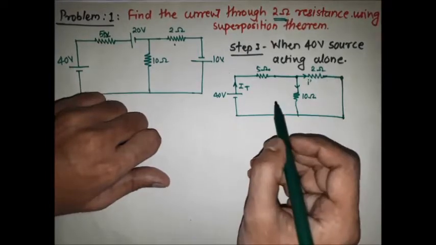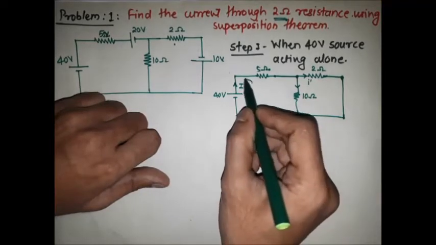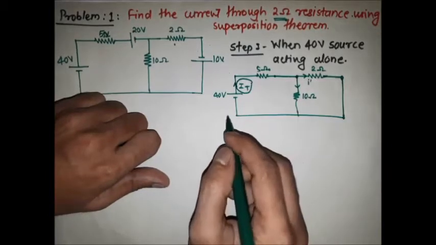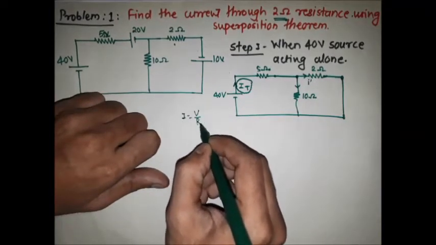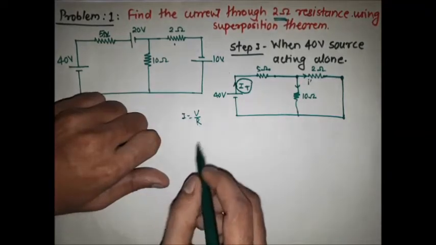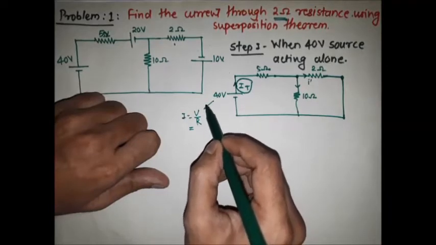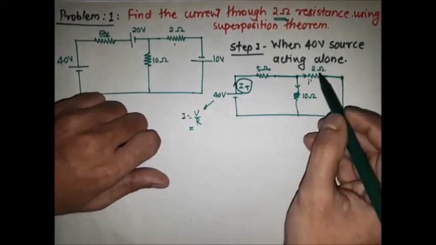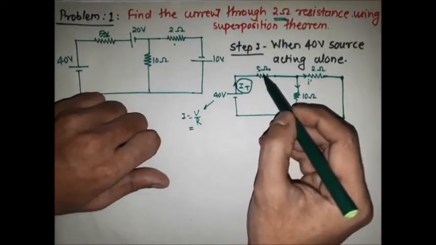For applying the current division rule, we have to find IT, the total current, which we find by Ohm's law. I is equal to V upon R. We know the voltage, it is 40 volt, and we have to find the resistance. Here 2 ohm and 10 ohm are in parallel, which is in series with the 5 ohm resistor.